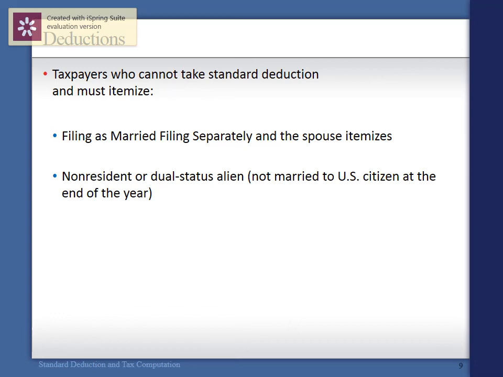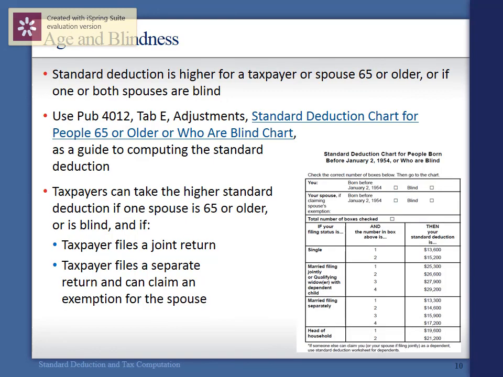Additionally, if you are a non-resident or a dual status alien who is not married to a U.S. citizen at the end of the year, you also may not take the standard deduction and must itemize. The standard deduction is higher for individuals that may qualify for an increased standard deduction amount because they meet one of two criteria.